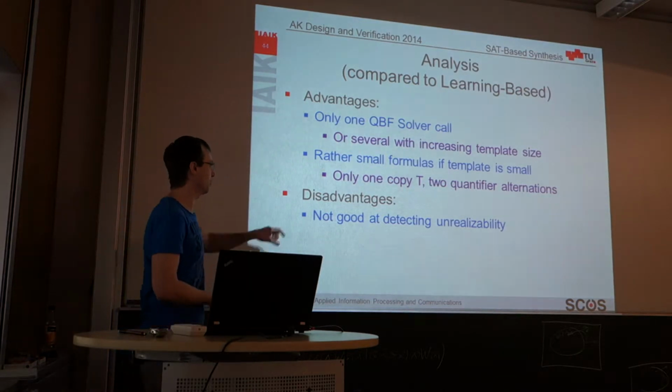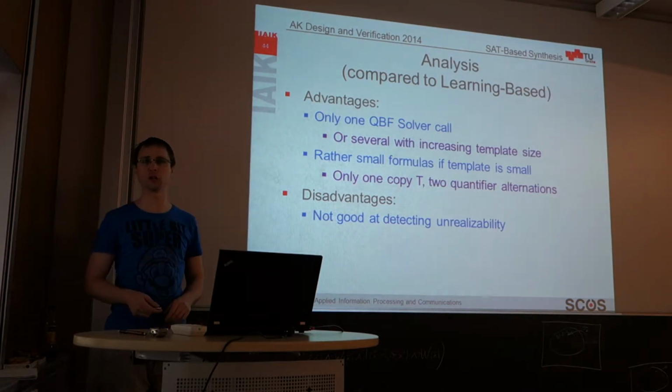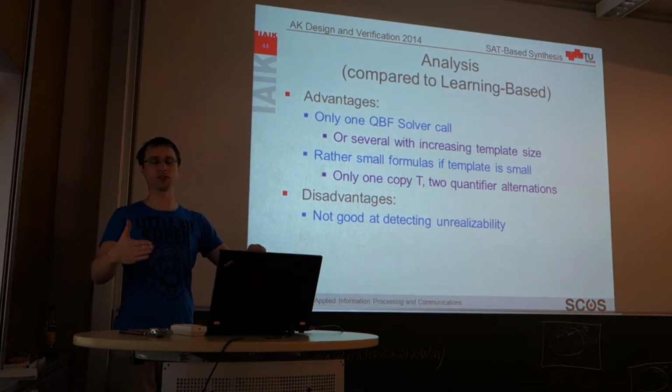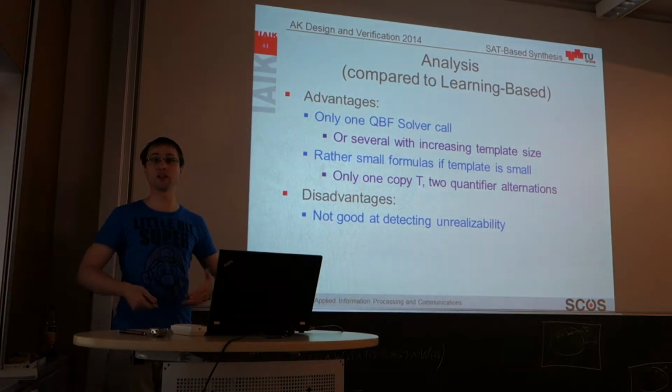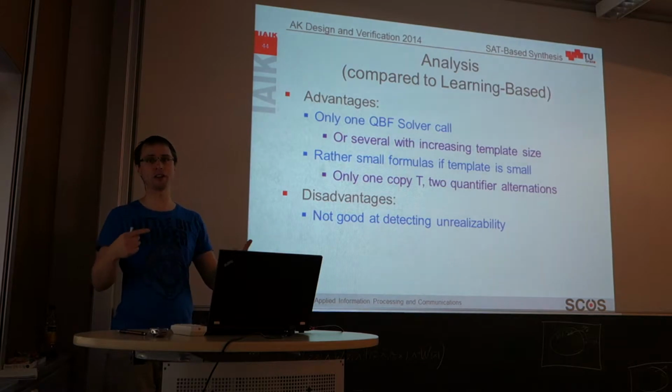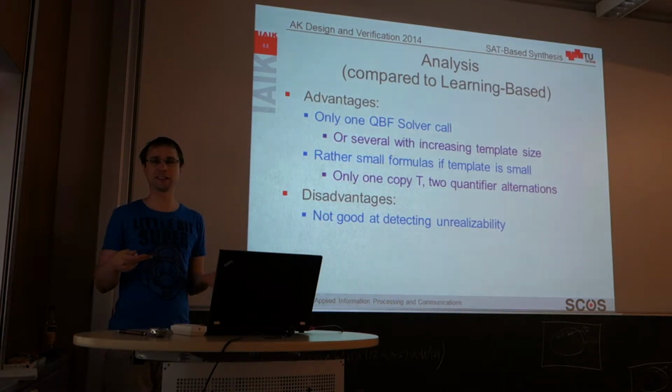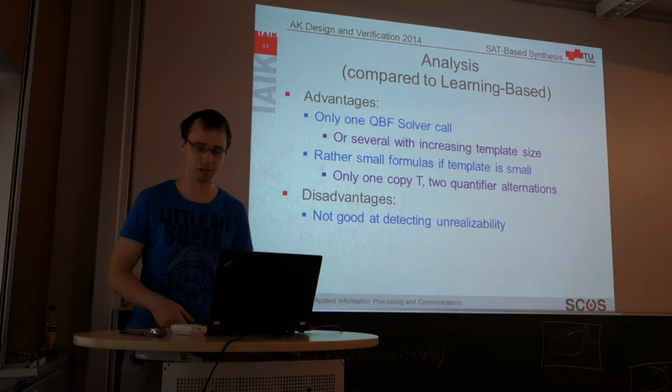So one disadvantage is that this approach is not really good at detecting unrealizability, because we may try with a certain template, it fails. Well, we may just not have tried with a large enough template. So we try with a larger template, it fails. And at no point in time we can conclude that there actually is no solution, no matter how large we pick our template.